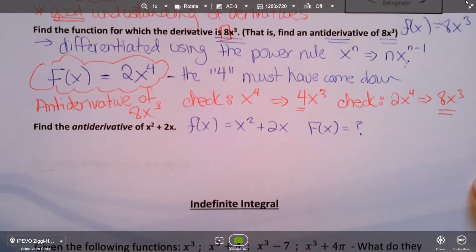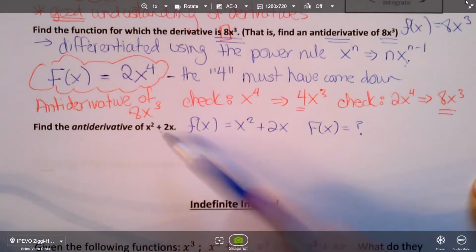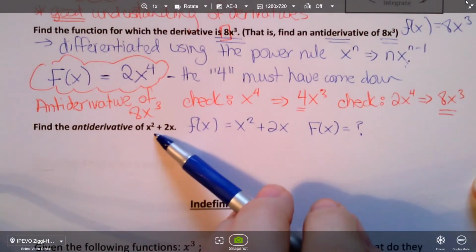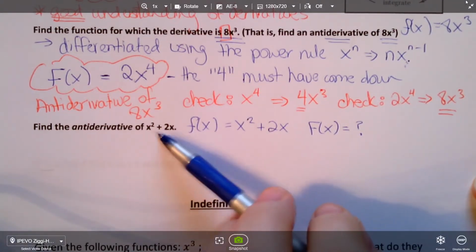What is the function, assuming that this has already had a derivative taken, that would be the original function before that? So if you want to take a quick second, pause the video and try it yourself. See if you can work backwards to figure out what you took the derivative of to get this. That's the idea here.